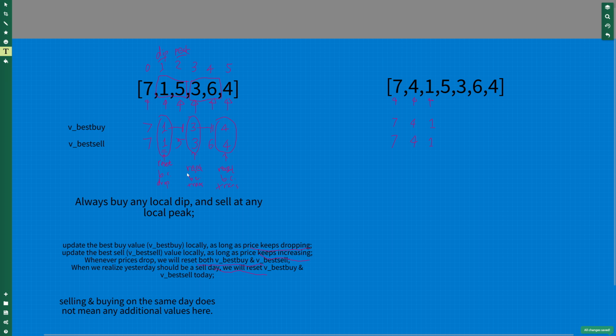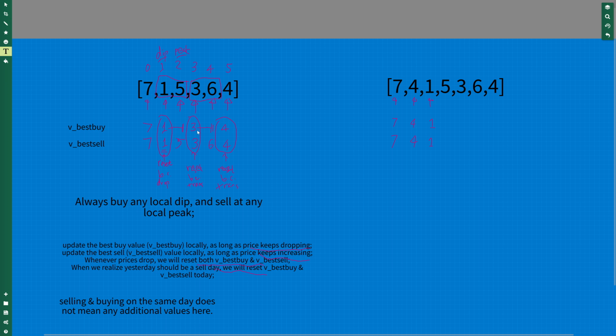So the only two times when we are resetting our best buy value and best sell value are, first, whenever we see a price drop, and two, whenever we see that yesterday should be a transaction day, a sell day.